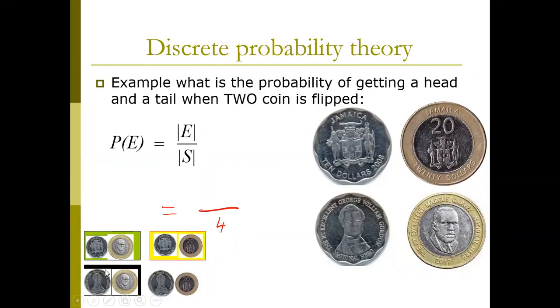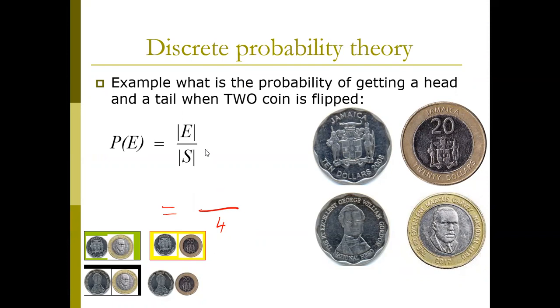So these are the 4 possible outcomes when we flip 2 coins. We could have a tail and a head, a tail and another tail, a head and a head, and a head and a tail. So there are 4 possibilities. So the sample space is 4.